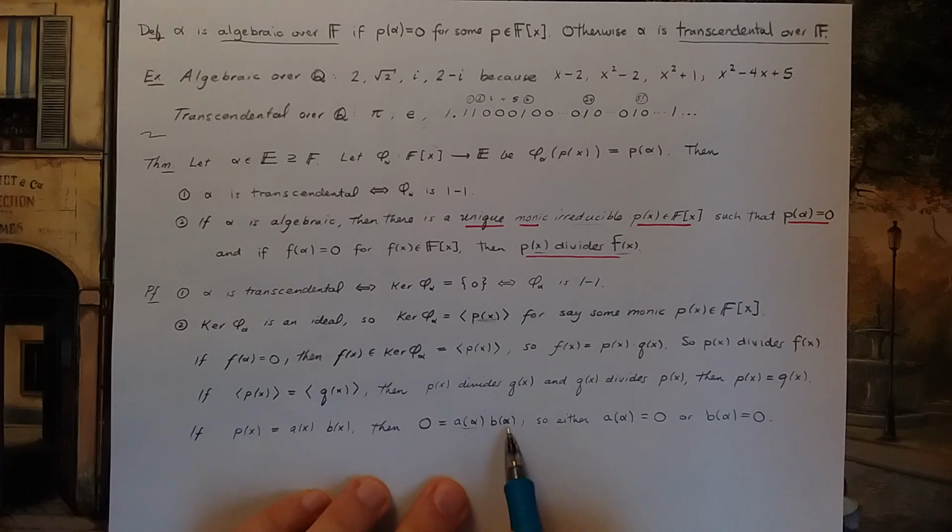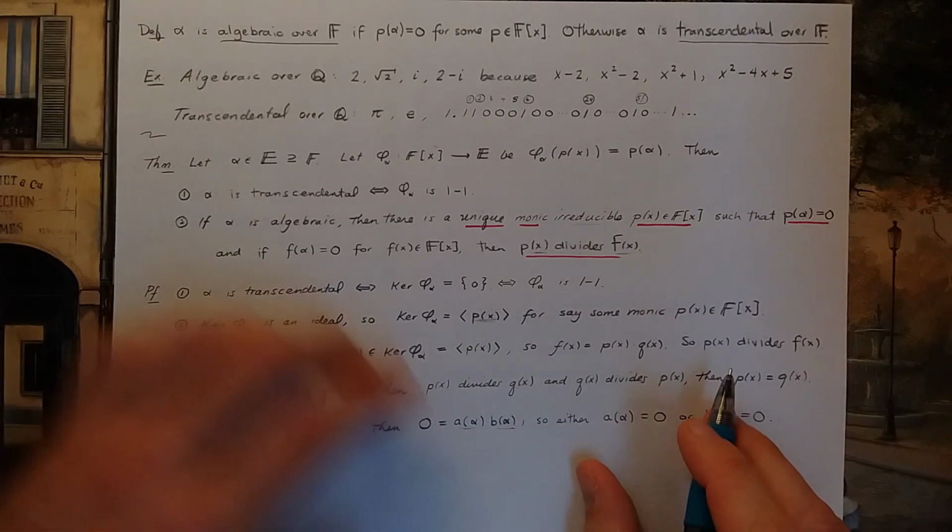These are two elements in a field, E, and a field is an integral domain after all. So one of these has to be 0.